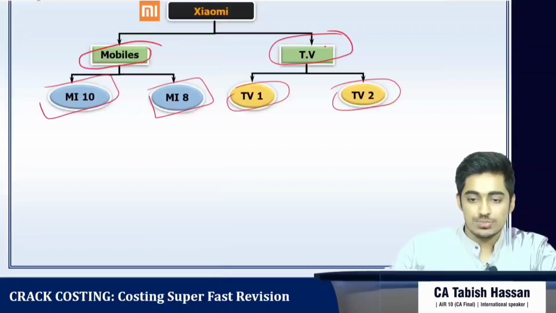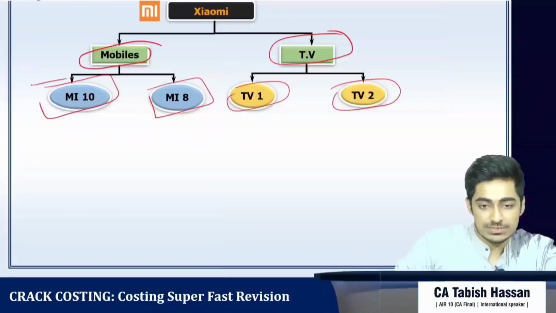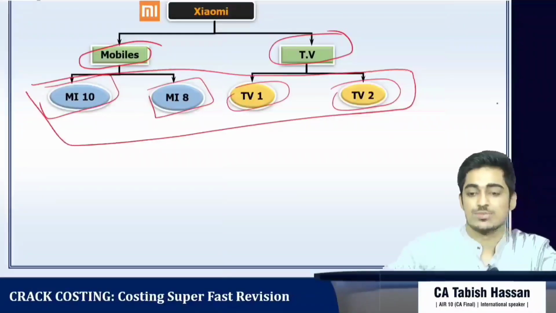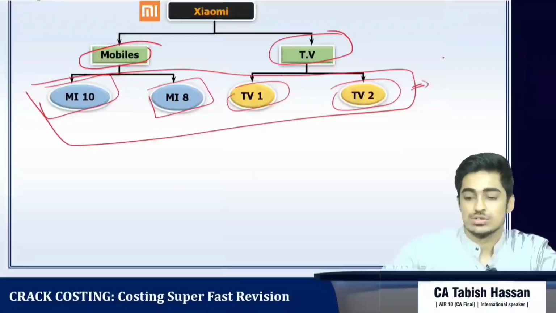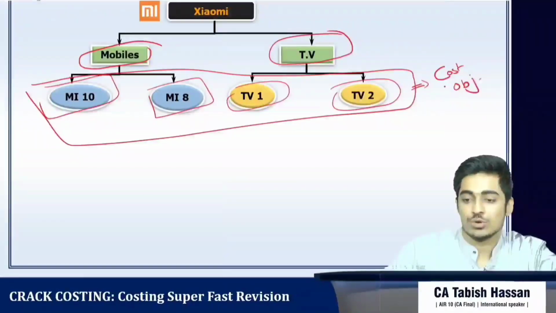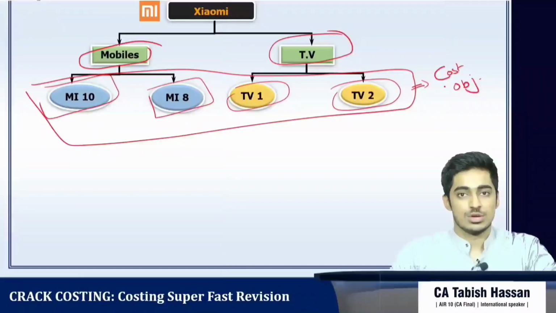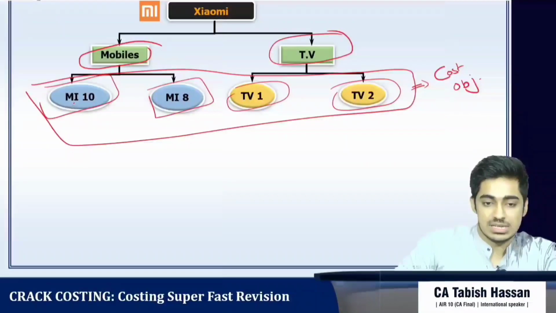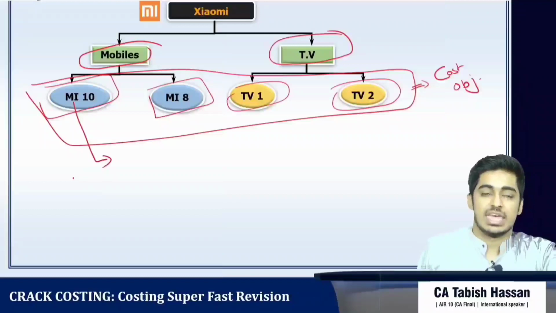Okay, so these are the 4 products, and we want to calculate cost for these 4 products. So these 4 products are called cost objects. That is, objects for which cost is required to be calculated is called a cost object. Now let me just take MI10.